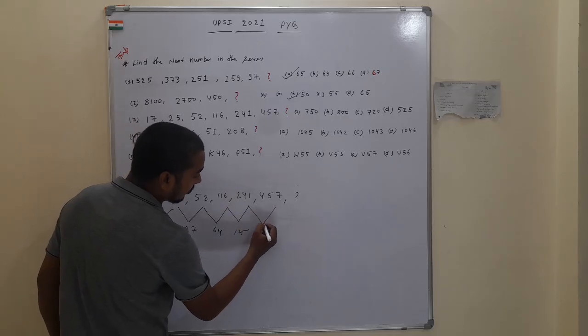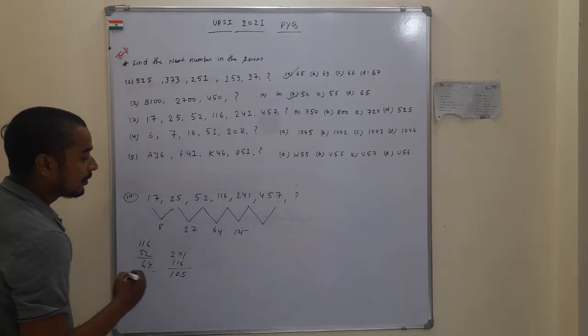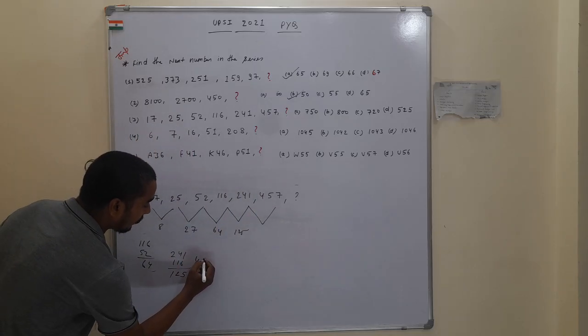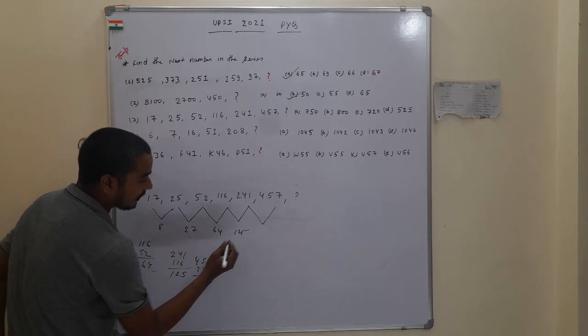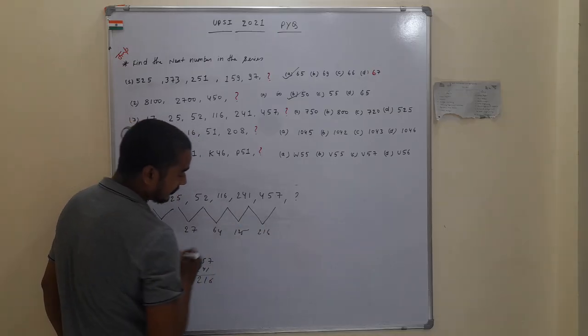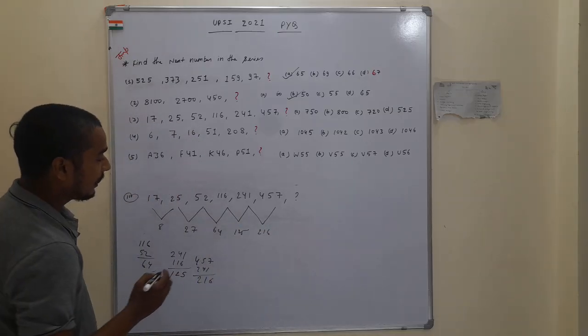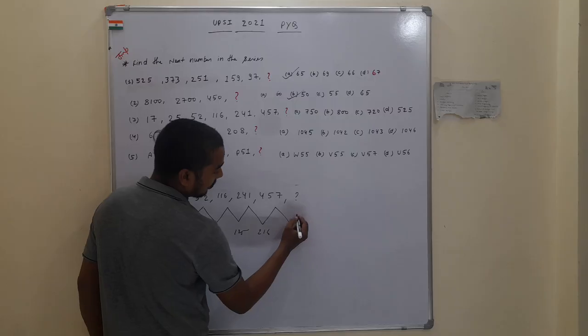Similarly, 457 minus 241, we get 216. And here we have to take the difference for the question mark.